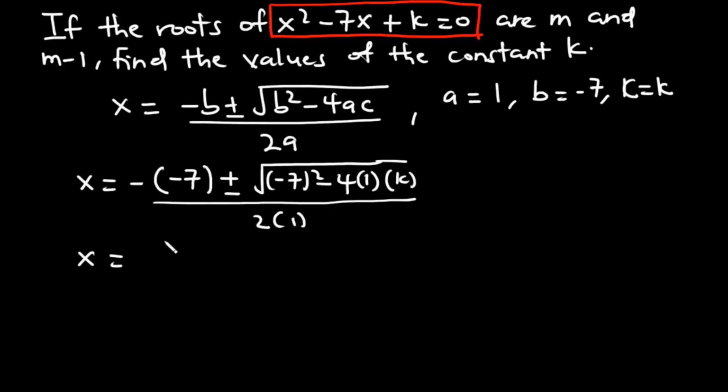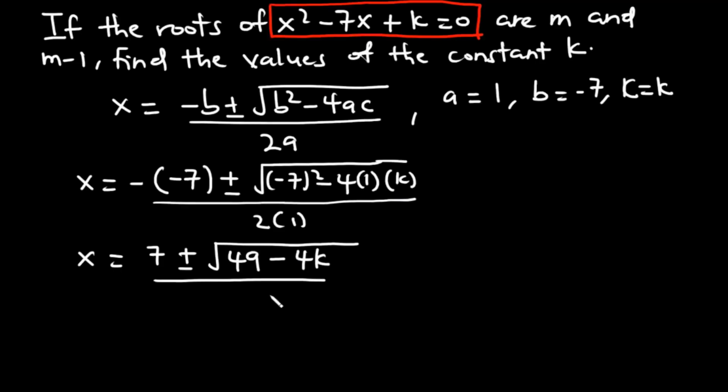Negative 1 times negative 7 is 7, and then we have plus or minus, negative 7 squared is 49 minus 4 times 1 is 4, and 4 times k is 4k, divided by 2.